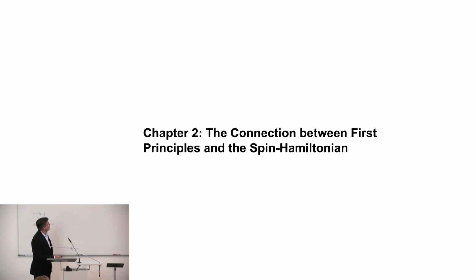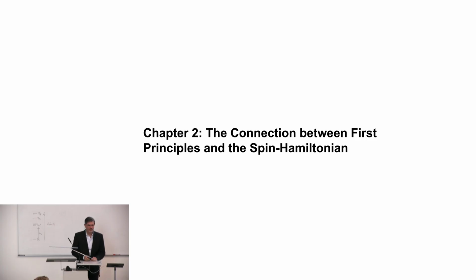Okay. So now our task is the following, and I have now phenomenologically introduced all of these parameters: the g-tensor, the chemical shielding, the hyperfine tensor, the zero-field splitting tensor, the quadrupole tensor. And now we have to worry about what does it mean?